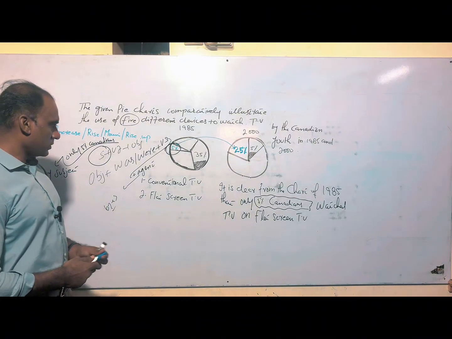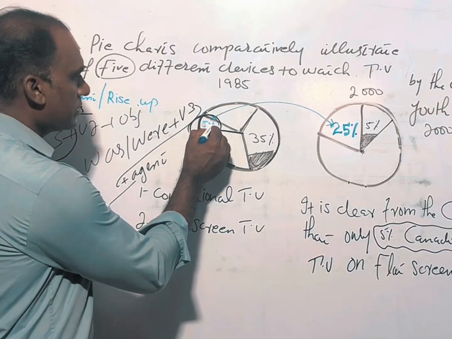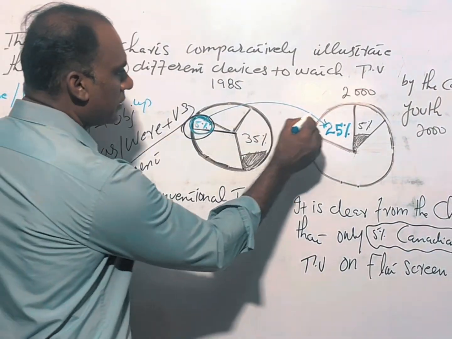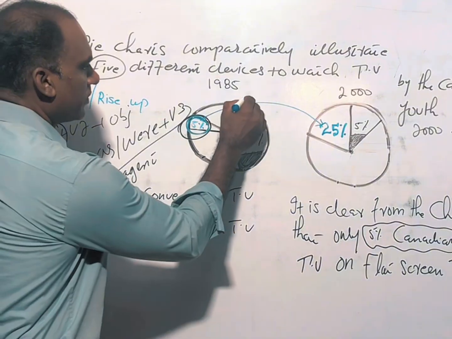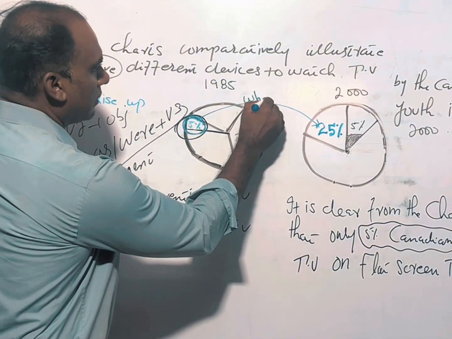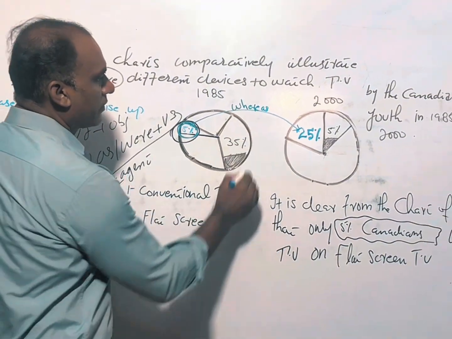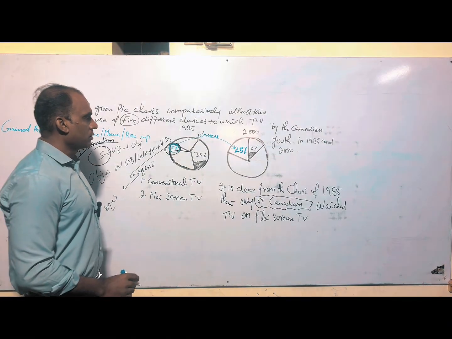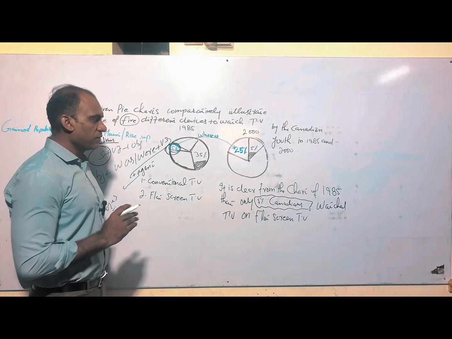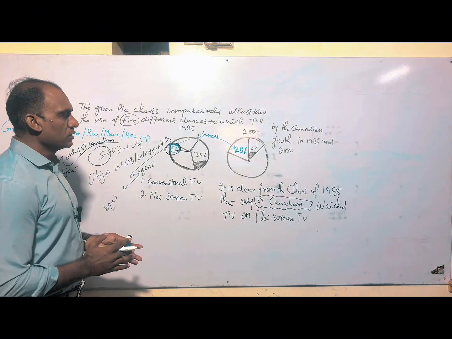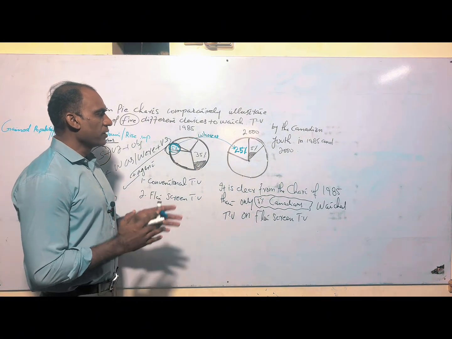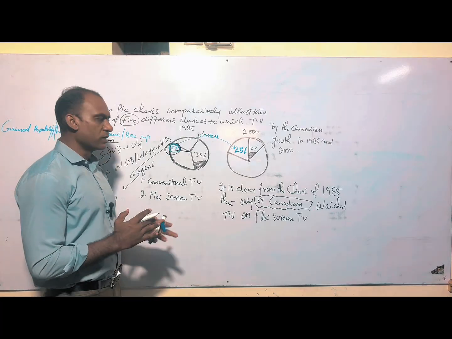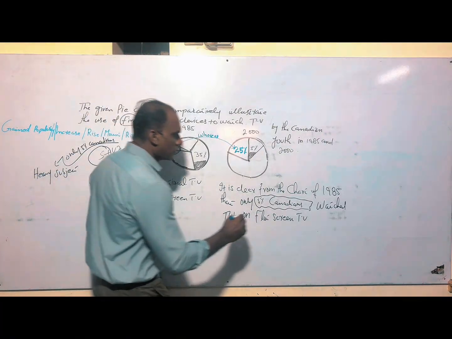Now here it's 5% and here it's 25. It means the linking word you should use is whereas. Because when something increases, you should use whereas. When some value decreases, you should use but. Anyways, whereas.